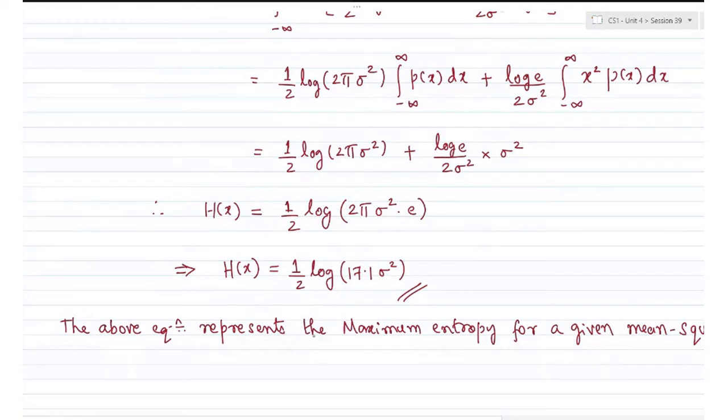Maximum entropy will be given for a Gaussian distribution.